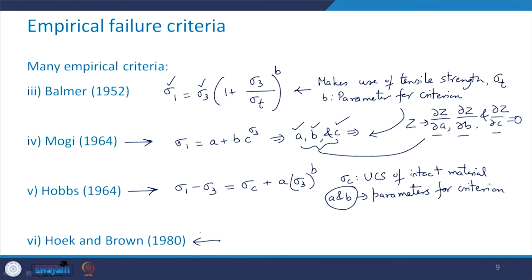So, in the next class we are going to take up this criterion in detail, its equation, derivation, how to determine its parameters. So, today we discussed about the basics of the regression analysis, and with the help of a simple example of a straight line, I told you how to go ahead for the regression analysis and how to minimize the error between experimental value and the modeled value.